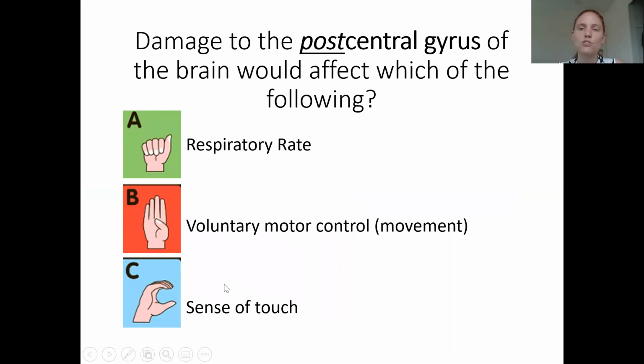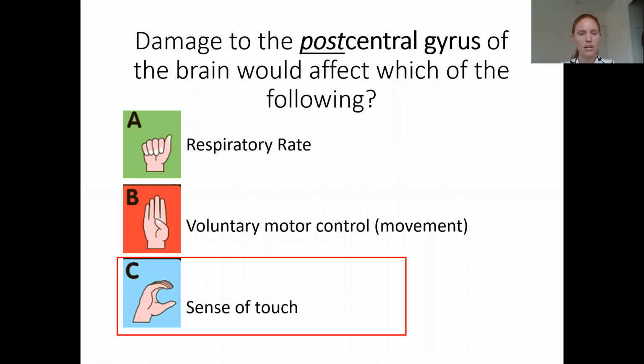To answer this question, you're going to need to know which functional location is there. The answer would be C, sense of touch. On the postcentral gyrus is where the primary somatosensory cortex would be found.